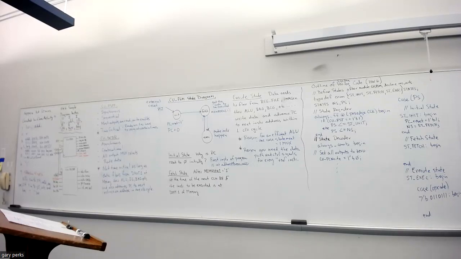Now, again, what I like to do is initialize all the outputs to 0. So, for example, CU underscore ALU underscore 1 with 0. Actually, it's a 4-bit. Okay, then you do all the other ones.